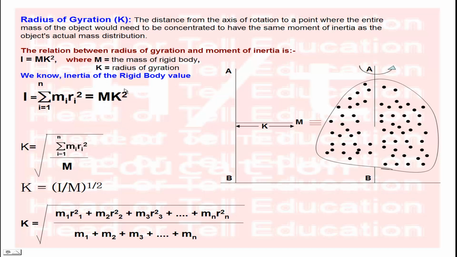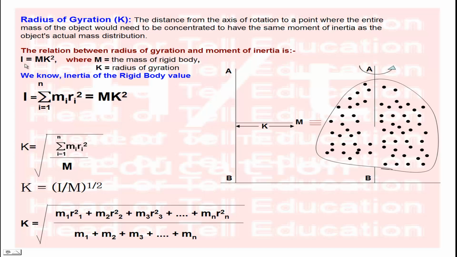So k is the distance from the rotation axis, and here is the mass. The mass is the total mass of the rigid body, and I equals the summation of i equals 1 to n of mi ri square, equals m k square.